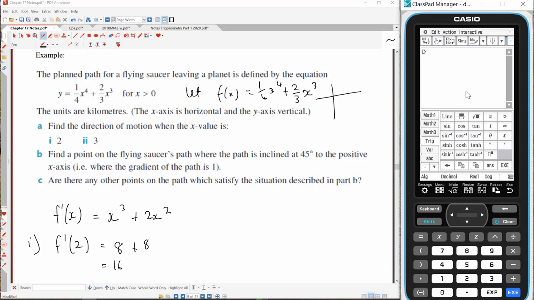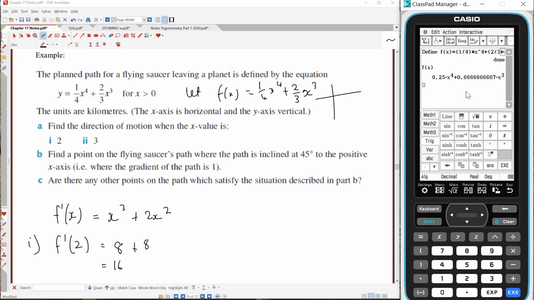I just want to show you how to quickly knock these out with the calculator. f of x equals a quarter times x to the power of 4 plus 2 on 3 multiplied by x cubed. I'm going to bracket my fractions for order of operations. You should be using that shift divide template to do this.